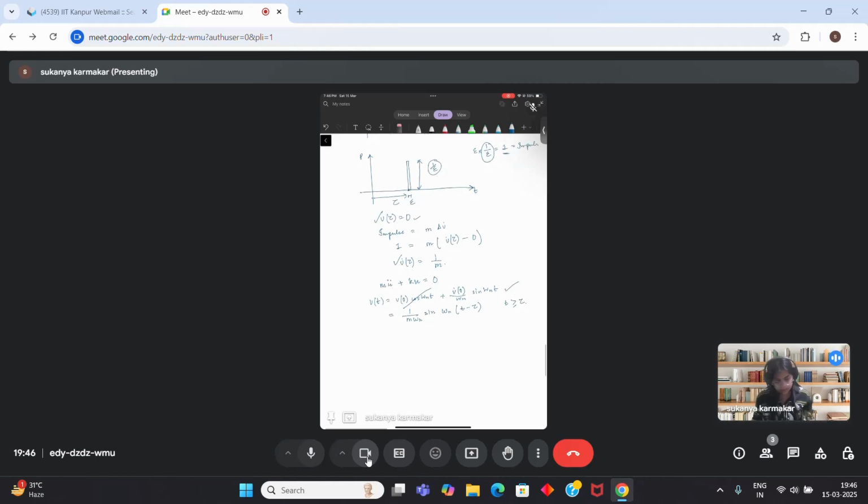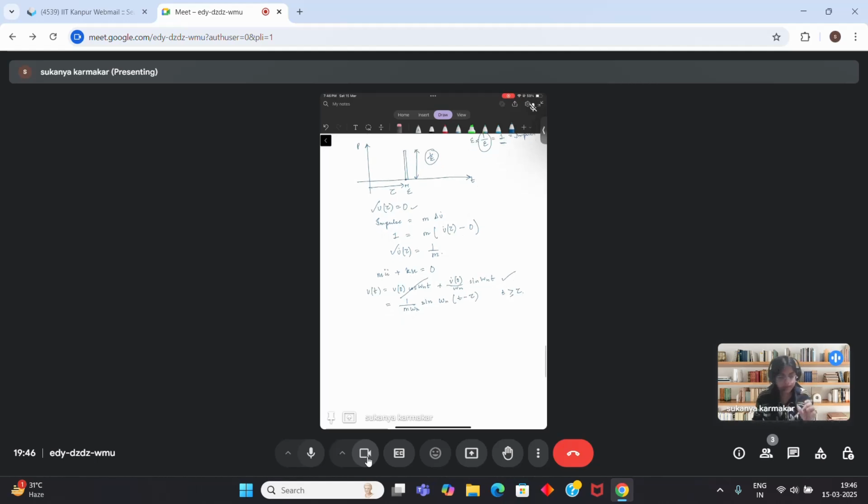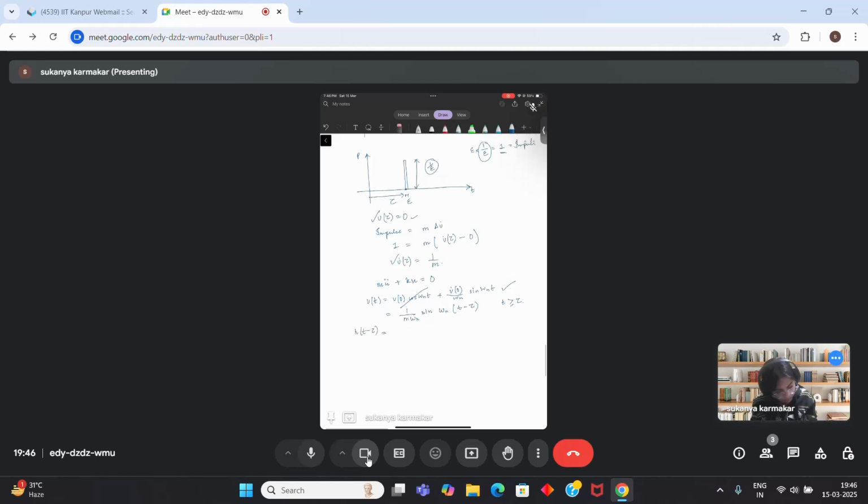So this response, which I just wrote, is known as the unit impulse response function, and it is given the name h of t minus tau. So h of t minus tau is equal to 1 by m omega n sine of omega n times t minus tau. So basically, when a unit impulse acts on a single degree of freedom system, its response is this, and that is why the name unit impulse response function.